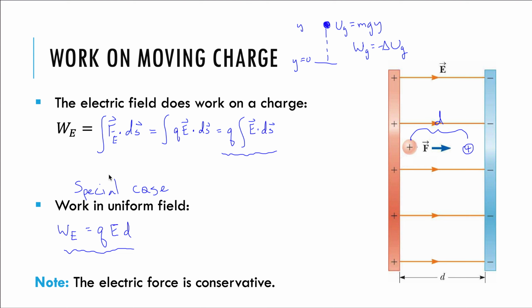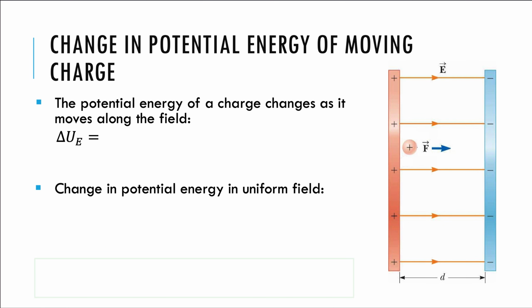Now that we have the work done by the electric field, we can find the change in potential energy of that charge as it moves from one point to another within that field. The change in potential energy of the charge is the negative of the work done by the electric field. Once again, this is because the electric force is a conservative force.